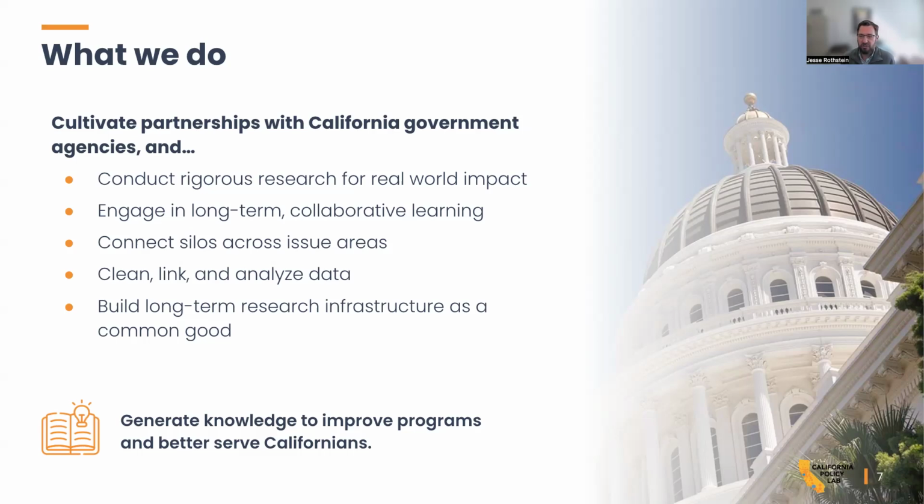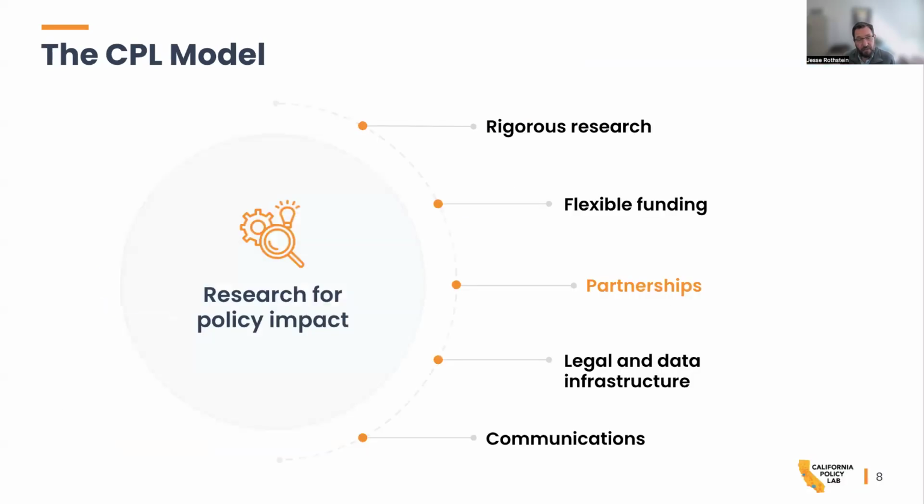It would often be 2 years from when you started to when you could actually even begin doing the research. And all of this made much more sense as a common good rather than as a private production. And so that's what the lab is designed to do, again, with the long-term goal of improving programs, better serving Californians.